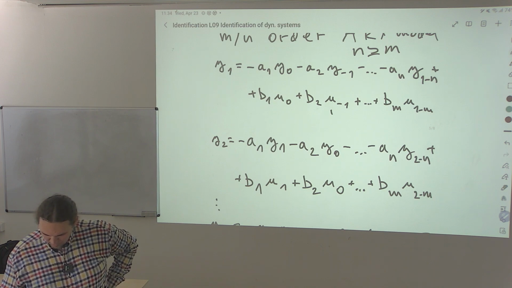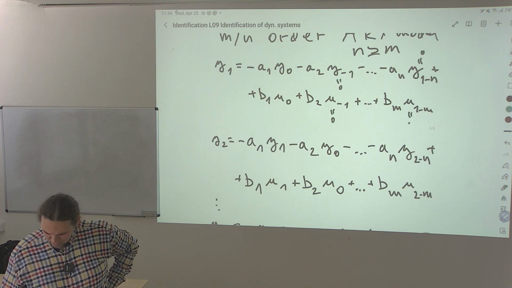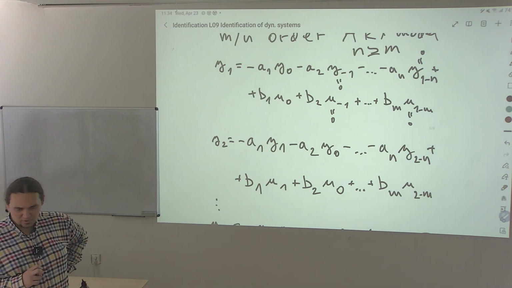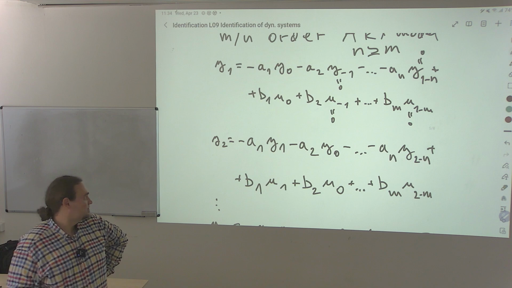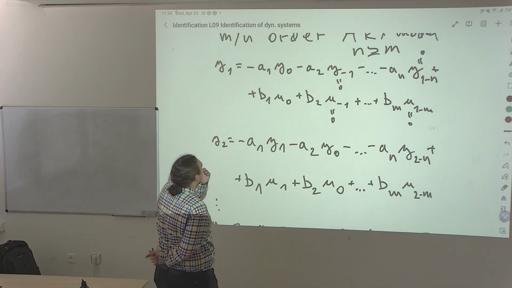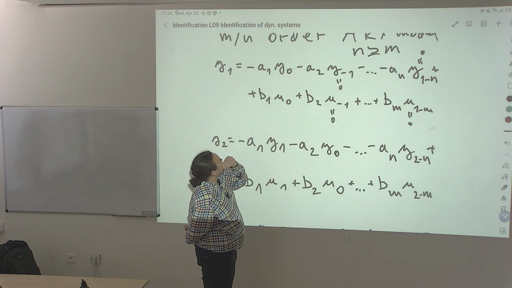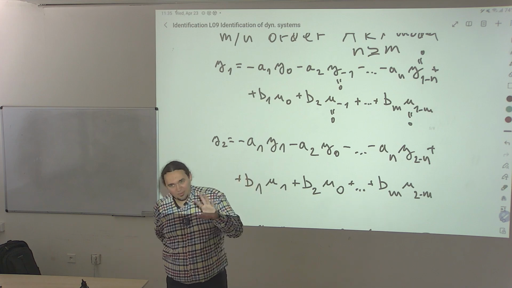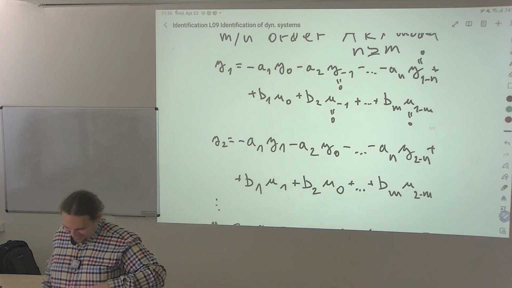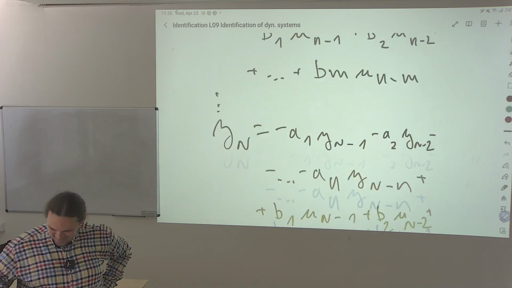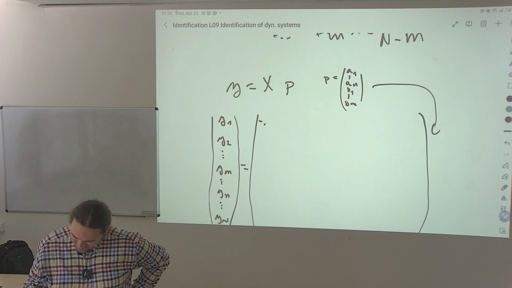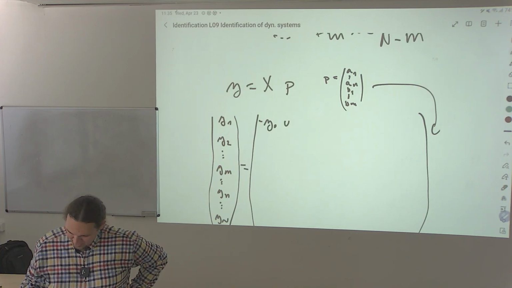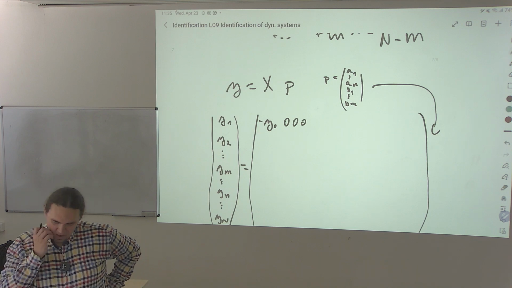Maybe we can plug in these, these were the zeros, but we need to keep the columns in place. Almost. Minus y naught, exactly. And then some zeros.